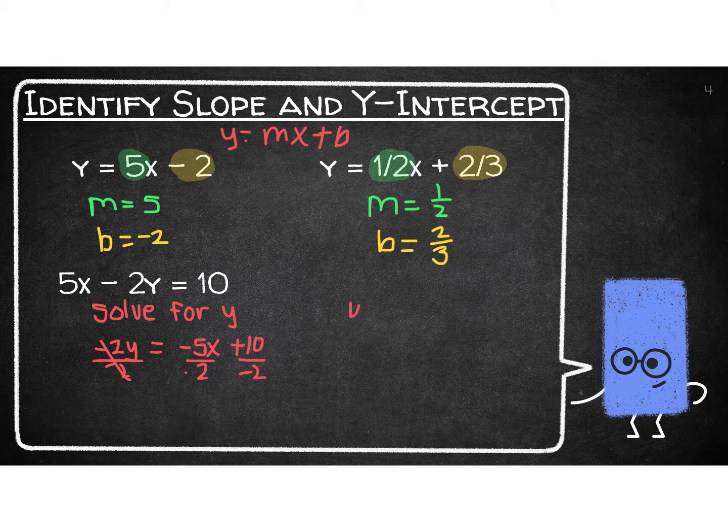That gives me y equals 5 over 2x, because the double negative makes a positive, and 10 divided by negative 2 is a negative 5, so minus 5. Now I am in the proper format: the thing before the x is 5 over 2, and the thing by itself is the b, that's minus 5. So my m is 5 over 2, and my b is negative 5.